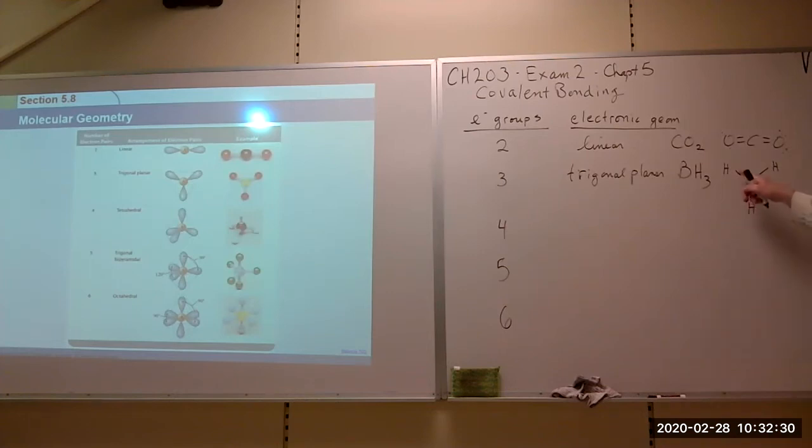Notice that hydrogen has duets. The boron's only got 6 electrons. It doesn't have an octet.